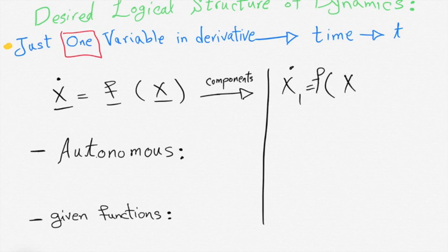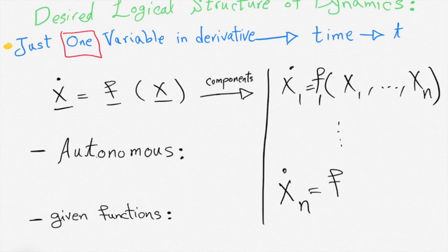x dot 1 is equal to f1 as a function of x1 till xn, and x dot n is equal to a function of x1 till xn. So keep in mind that we have n variables and n dimensions, but we don't have time.